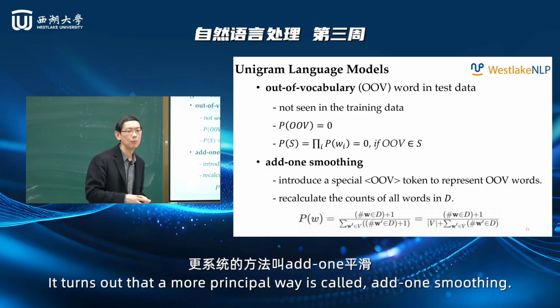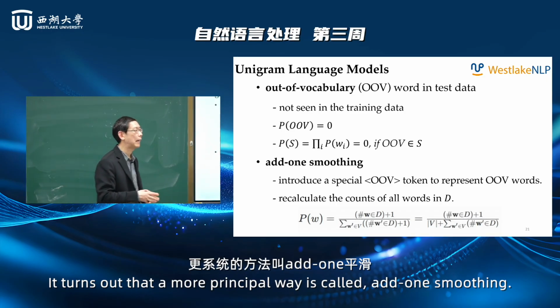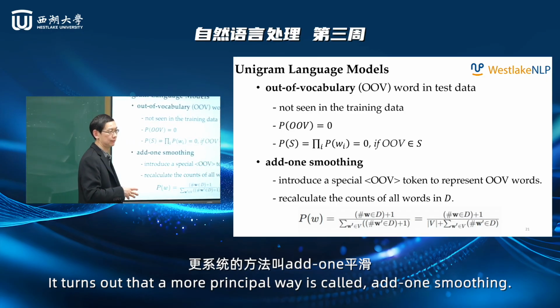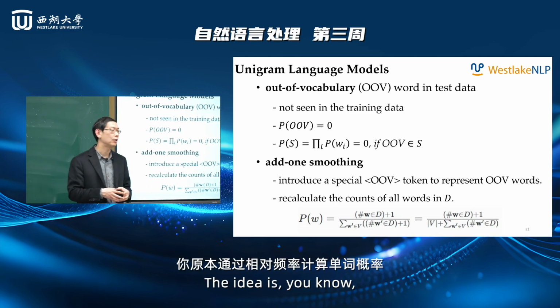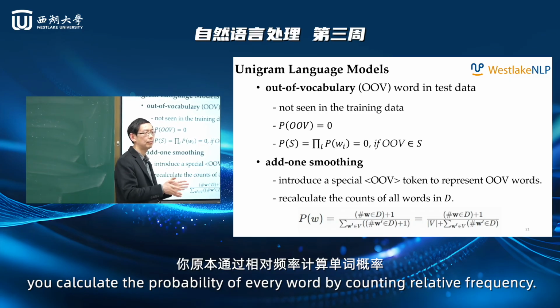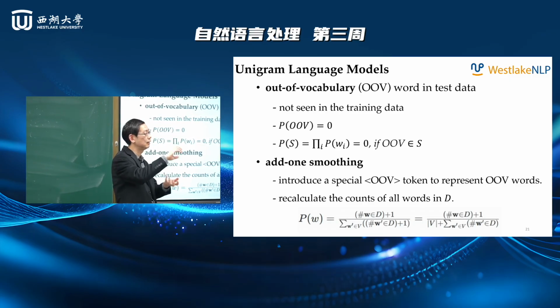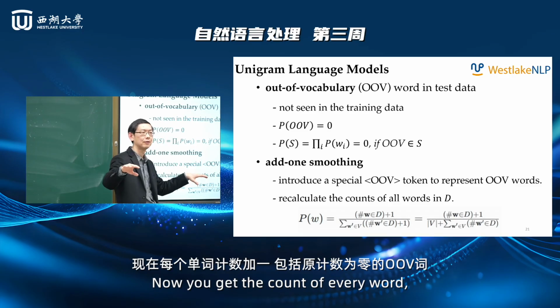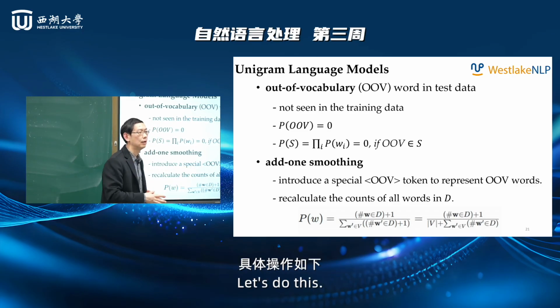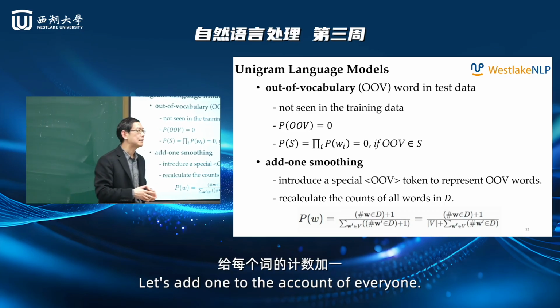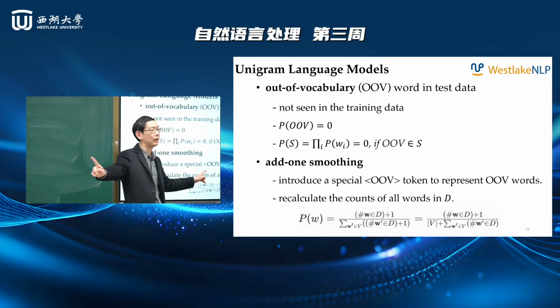It turns out that the more principled way is called add-one smoothing. Add-one smoothing. The idea is, you calculate the probability of every word by counting relative frequency, right? Okay, now you got the count of every word. And you have an OOV word, which has a count 0. Let's do this. Let's add 1 to the count of every one. Okay?